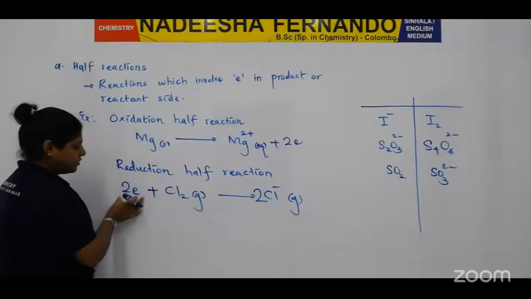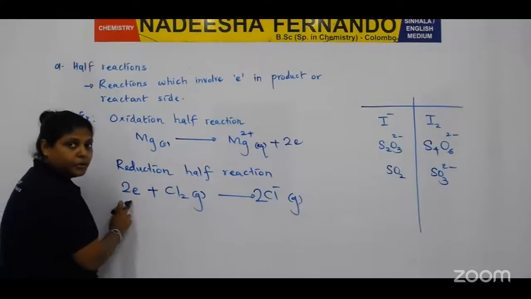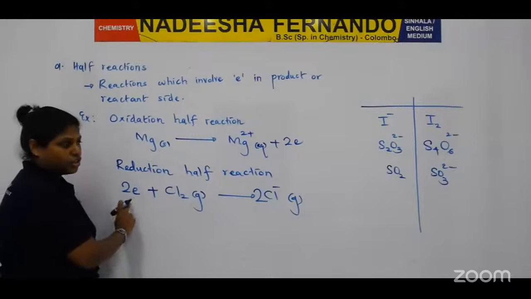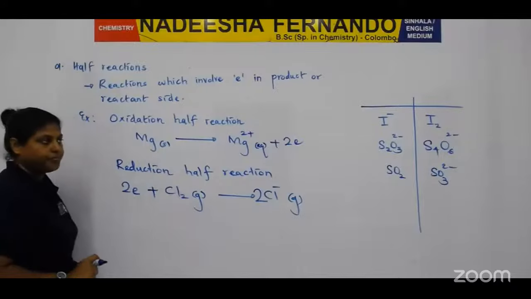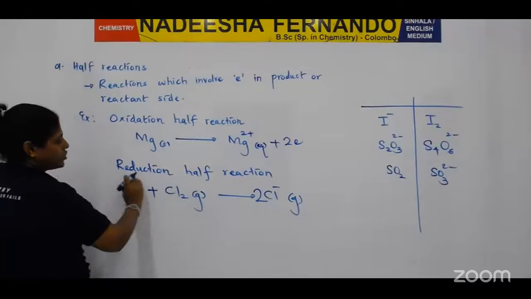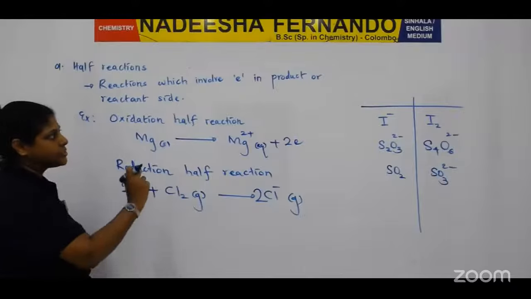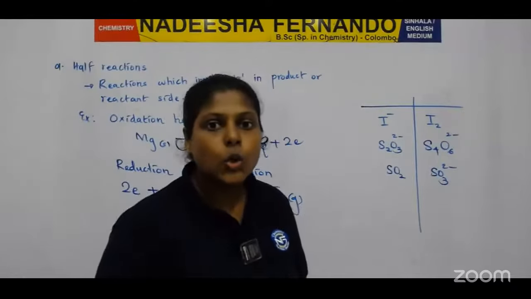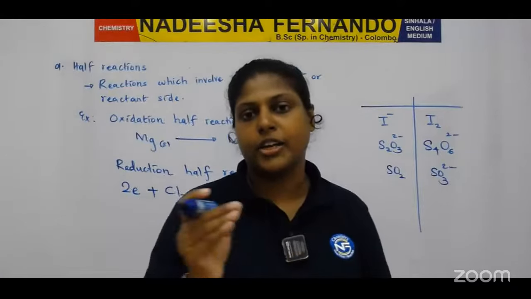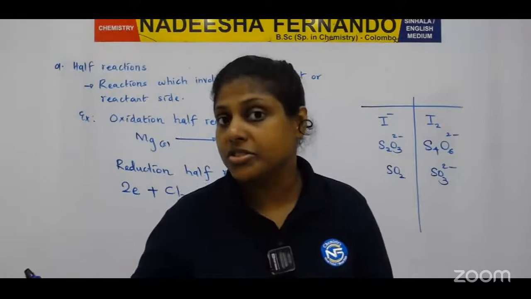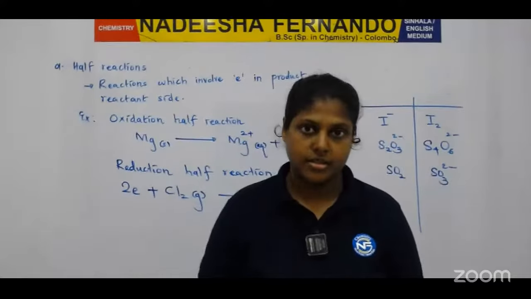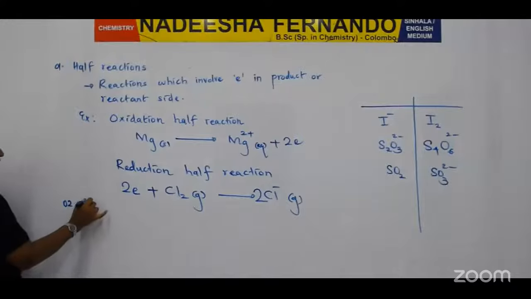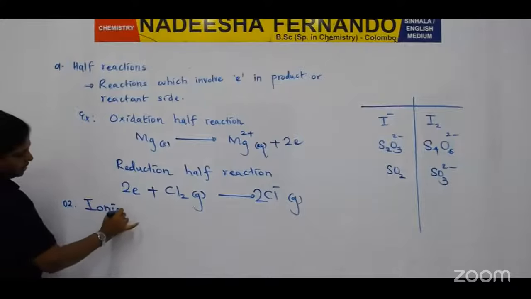So in the reduction reaction, electrons are included in the reactant side, not the product side. So oxidation half reaction and reduction half reaction. When the reaction includes electrons in the product or reactant side, we call such reactions half reactions.